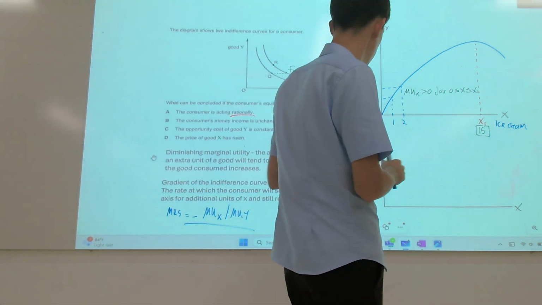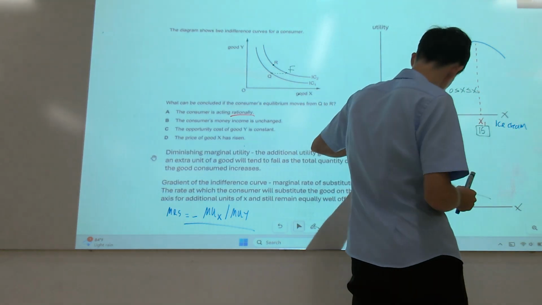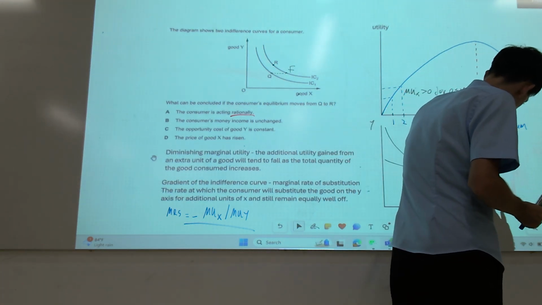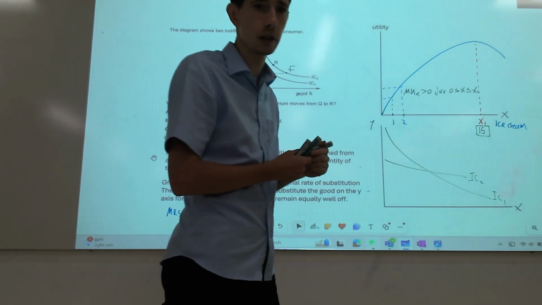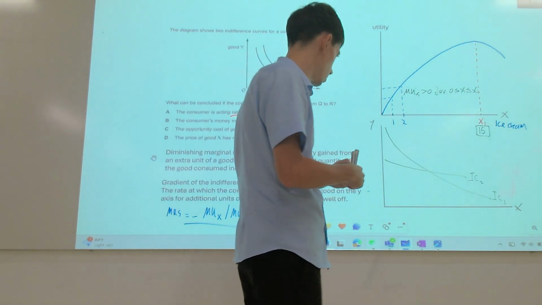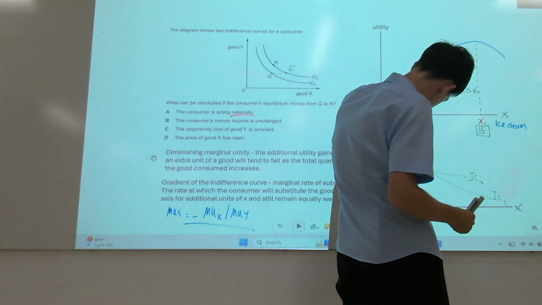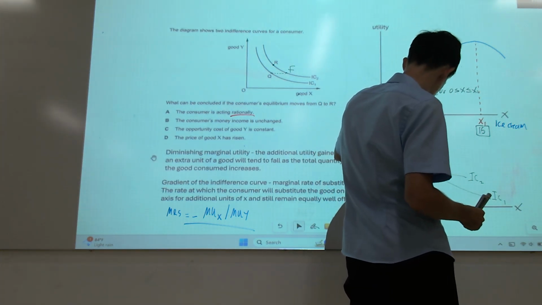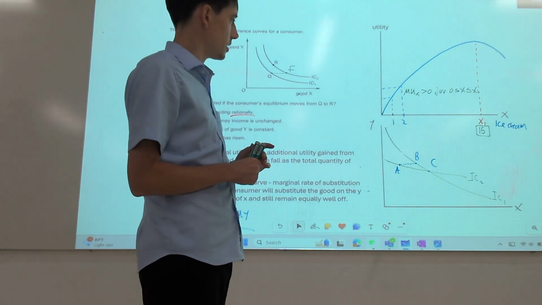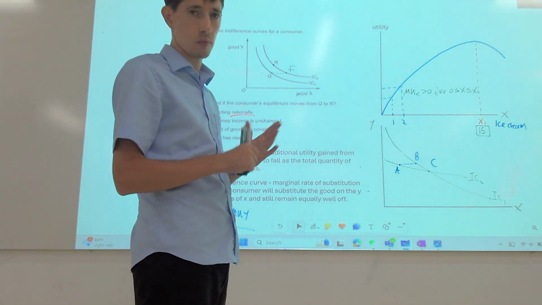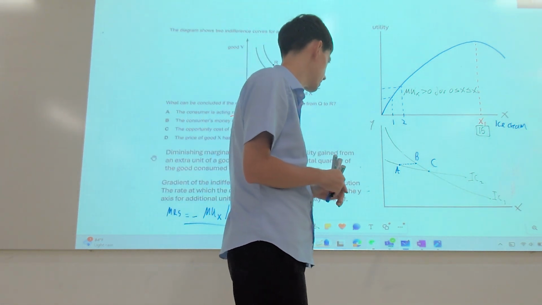Another thing that we often look at with indifference curves is this possible situation. We imagine two indifference curves intersect. So here you've got indifference curve 1 and indifference curve 2. Let's have some points: A, B, C. So, can indifference curves intersect? Well, if these two indifference curves intersect, we can say the following.